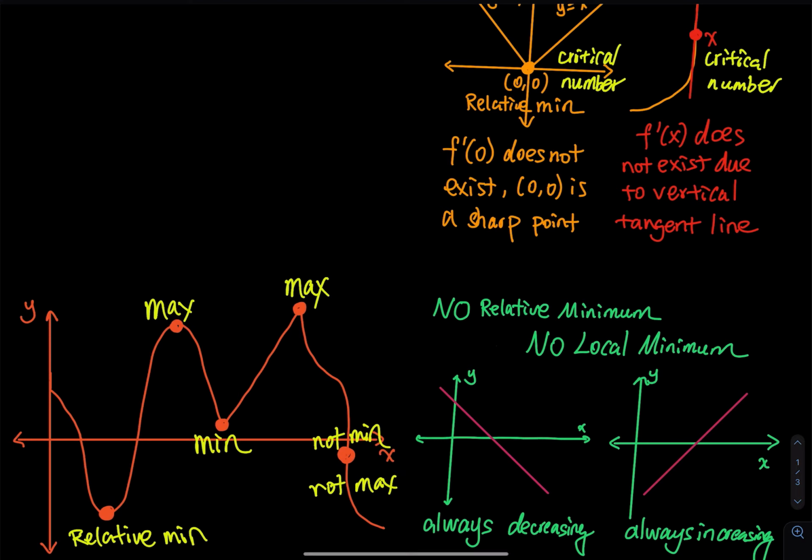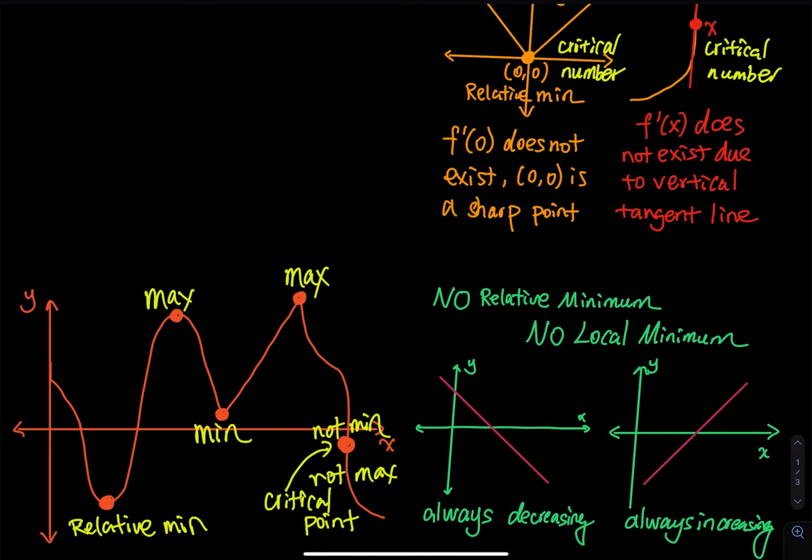But is this a critical point? The answer is absolutely yes. This is a critical value, or you can call it a critical point. Since the function is decreasing the whole time, it is not a max and not a min, it is just a critical point, because at that point we have a vertical tangent line, and the slope of a vertical tangent line is undefined.